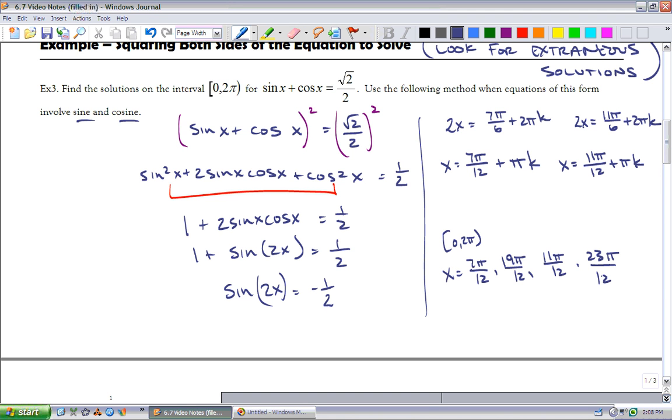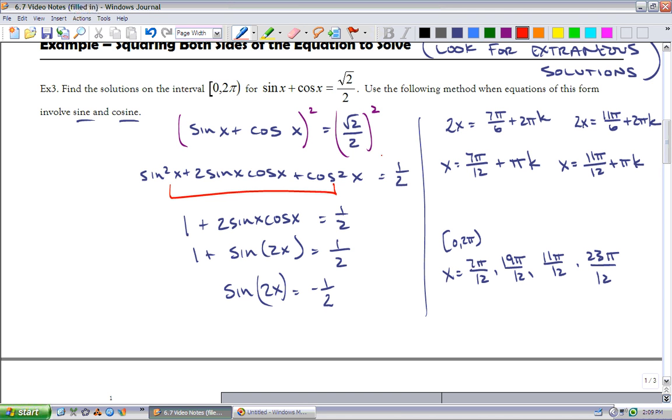have some extraneous solutions. So let's just take a look at this. If we plug a couple of these back in, or we plug all of them in to our equation here, we're going to find out that these solutions don't work out in the equation. Mainly this has to do with the fact that you squared, and when you go backwards and you took the square root, you would get a plus or minus. Okay?